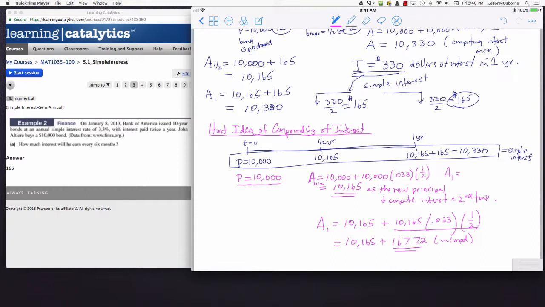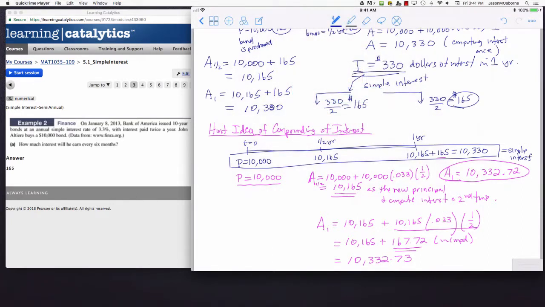Rather than getting $165, you're now getting $167, which you add to the $10,165 to get a total amount of $10,332.73. So if you're computing interest in a compounding way, meaning you're computing interest more than once, you will get more money at the end of the year.